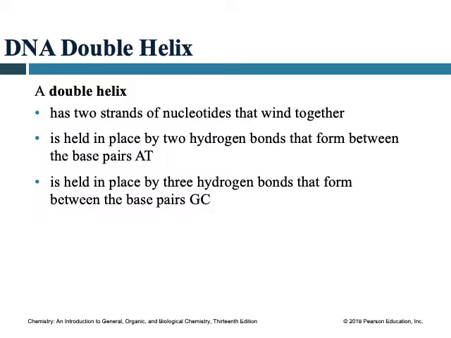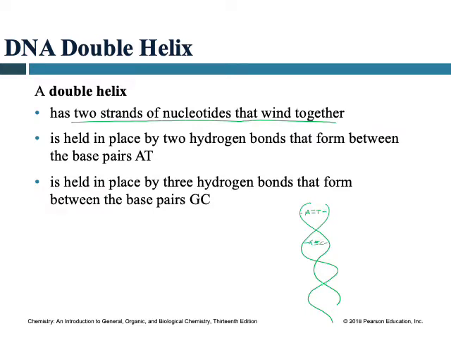So now let's talk about the double helix. The double helix, we already talked about, has 2 strands of nucleotides that bind together, and it normally stays like this because of the hydrogen bonds. A and T have 2 hydrogen bonds, G and C have 3 hydrogen bonds.